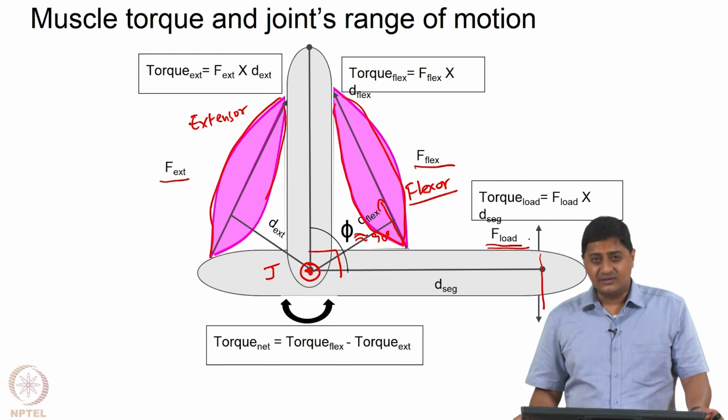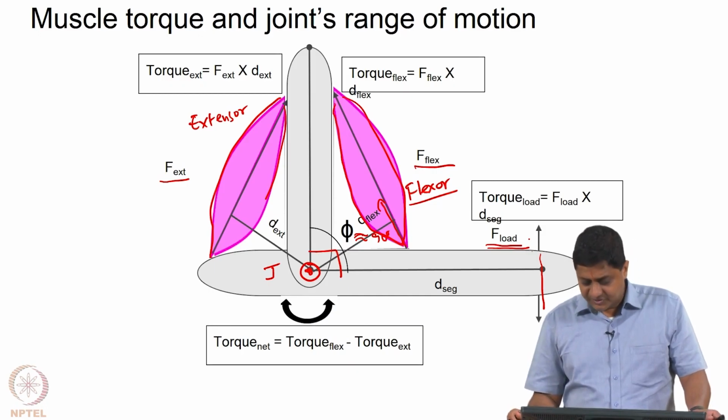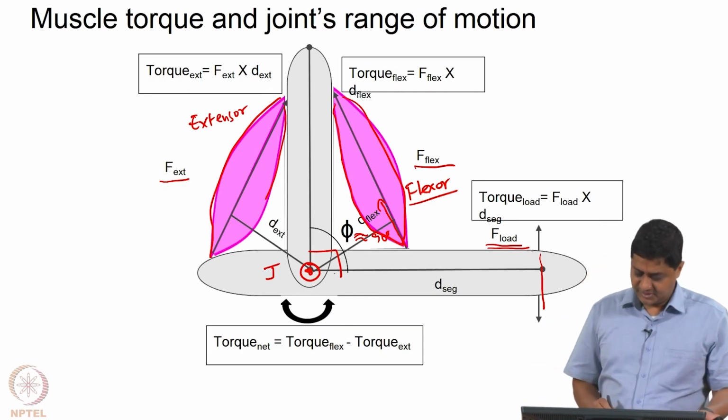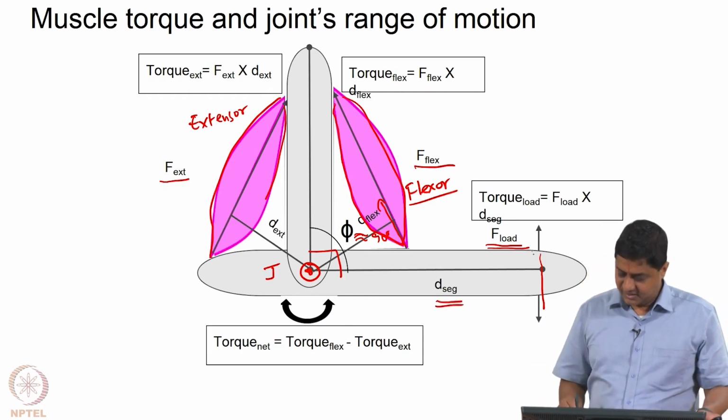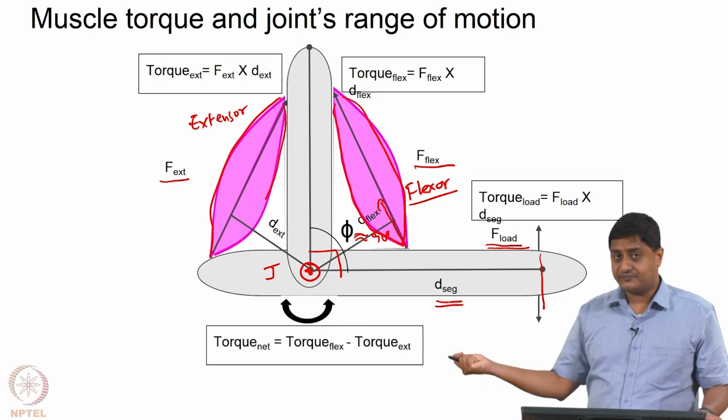Let us assume that there are no other joints being spanned. I am simplifying the situation so we can understand the principle. The perpendicular distance between the load and the joint is some distance d. Now, I would like to hold the object in equilibrium.